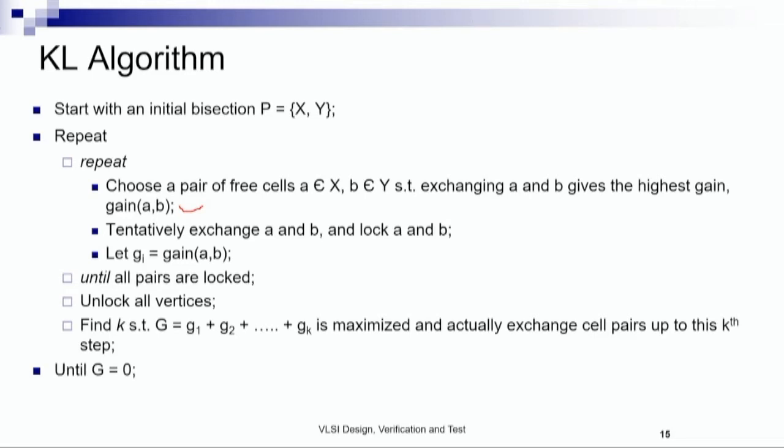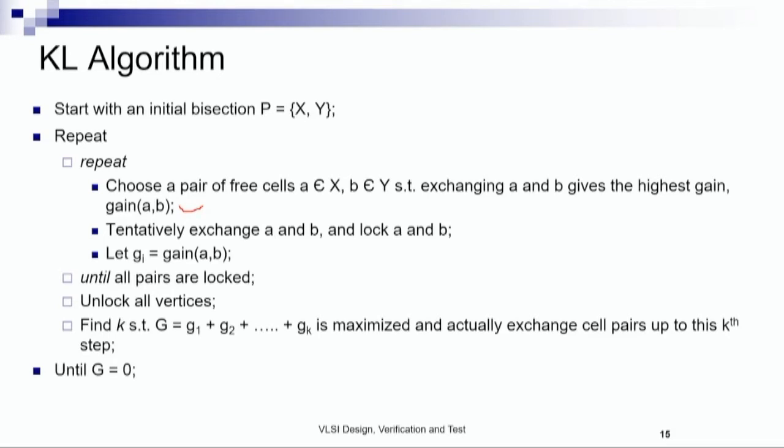So then we actually exchange A and B tentatively and then lock them from further consideration in this loop. After we have exchanged A and B and have locked them, we cannot consider them for further exchanges in subsequent iterations within this inner repeat loop.